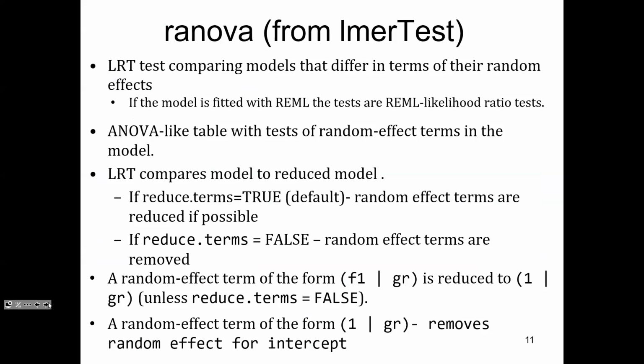I have all of that on the R markdown, but generally speaking, we're going to use it with a slope, and we can just compare it to a model that doesn't have a slope. If you only have a random effect for the intercept, then it will remove the random effect for the intercept. But if you remove that and it's all you've got, then you're really talking about having a multiple regression model. But you can compare the fit of those models.